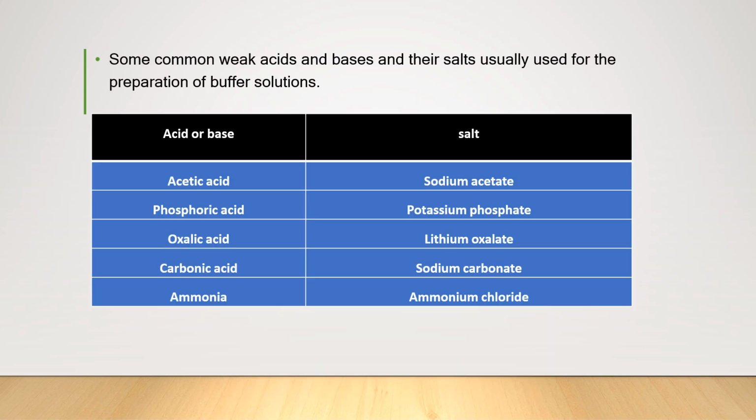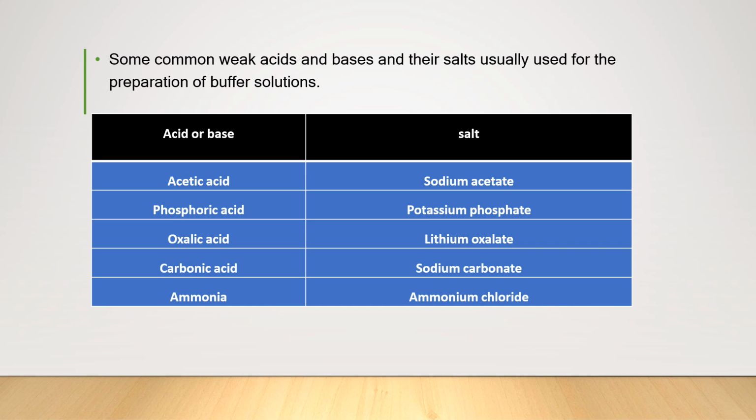In this slide, some examples of weak acids and bases with suitable salts used for the preparation of a buffer solution. Suppose we prepare an acetic acid buffer solution. For acetic acid, we use sodium acetate as its salt. For phosphoric acid, we use potassium phosphate as a salt.